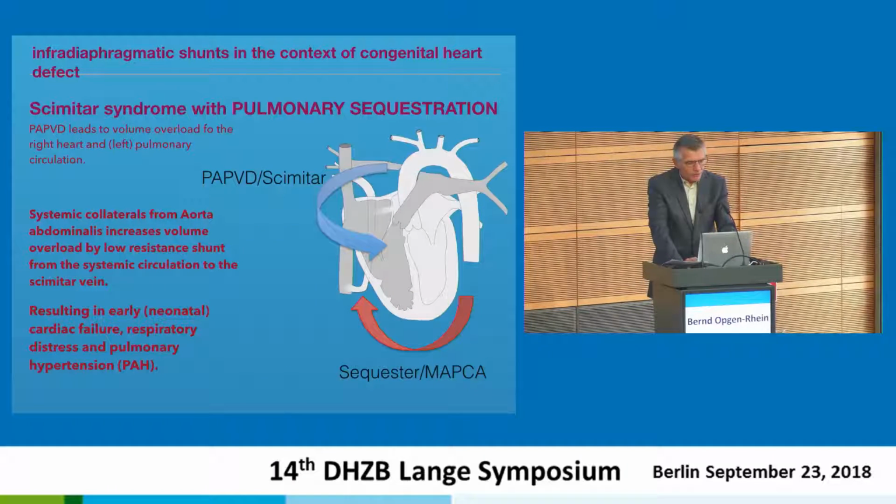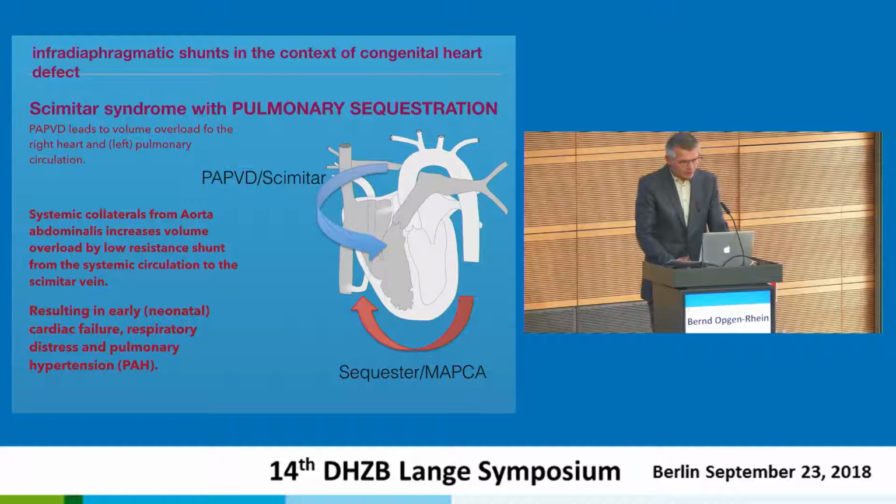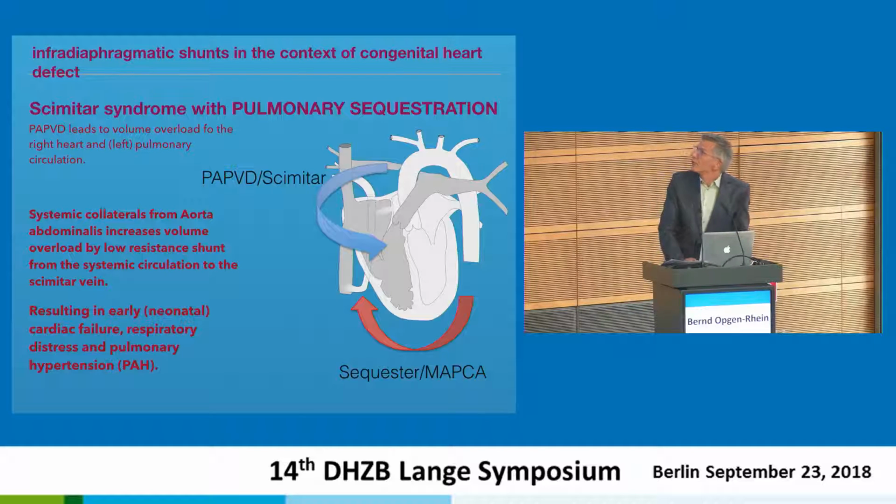So the hemodynamics is somehow different because we have a low resistance shunt from the systemic circulation to the Scimitar vein, which leads to a reduction in effective systemic blood flow, and we have early pulmonary hypertension. So as I said, the result is early symptomatic cardiac failure, respiratory distress, pulmonary infections and hemorrhage, and pulmonary hypertension.